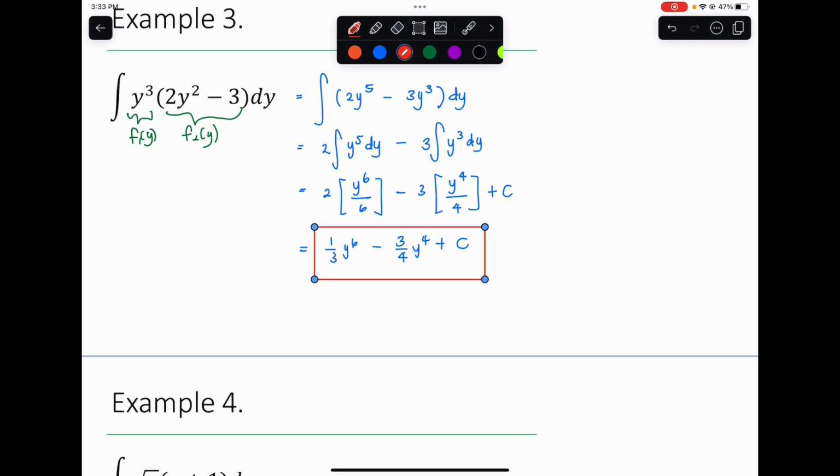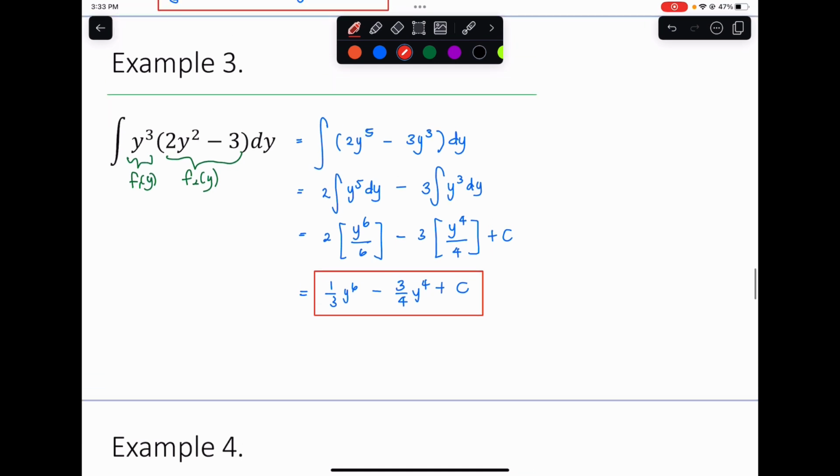That would be the integral or the antiderivative of the given integrand. So that is another example. Example number 3 is not a direct application of the 4 integration rules, but rather we perform multiplication first through the distributive property, and then from there, that's the time that we apply the integration rules.